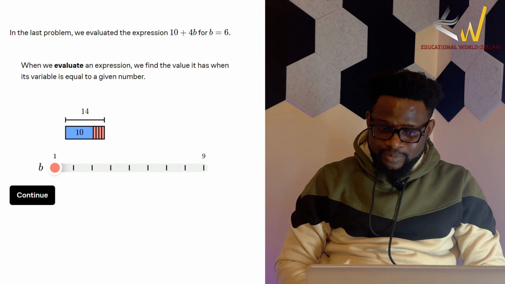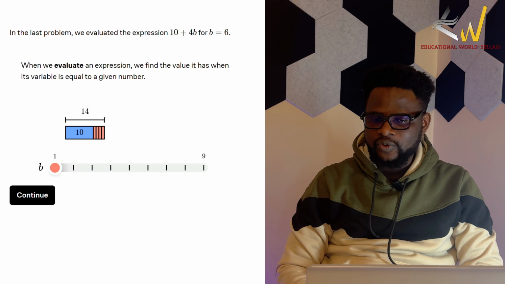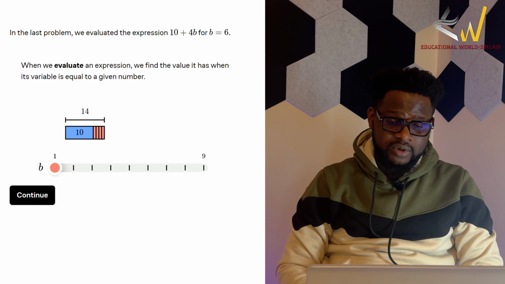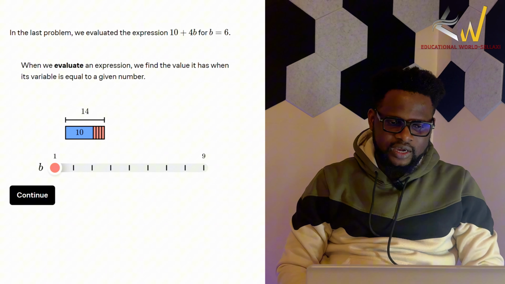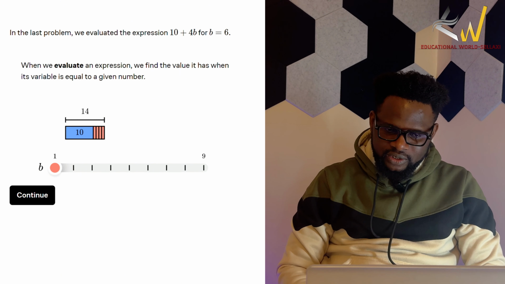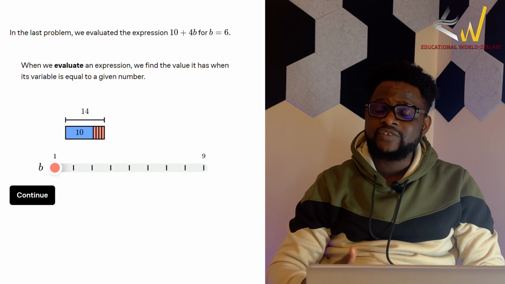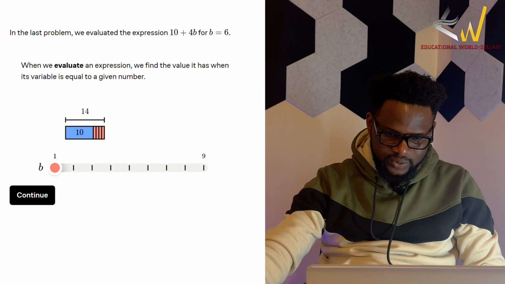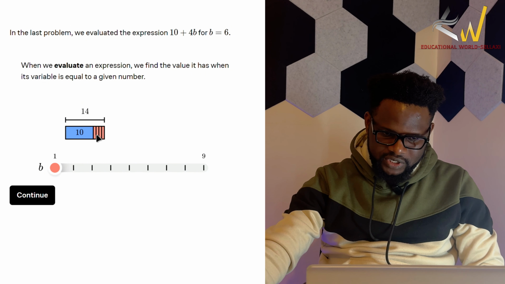Now, in the last problem, we evaluated the expression 10 plus 4b for when b is equal to 6, and the answer gave us 34. When we evaluate an expression, we find the value it has when each variable is equal to a given number. So let's look at this other one here now. You can see this is 14, 10 here, 14. That means the value of b here is 1.